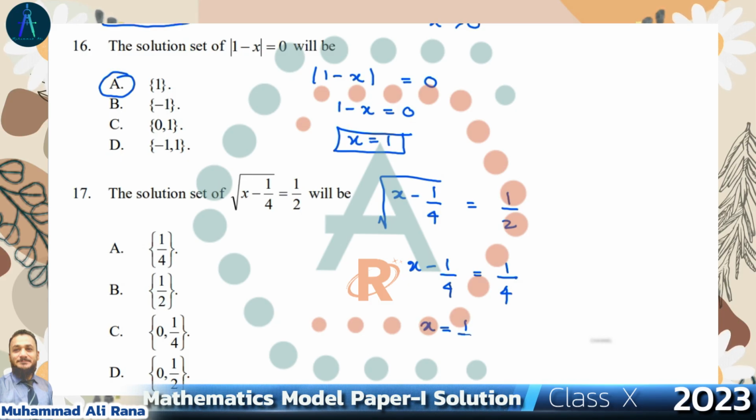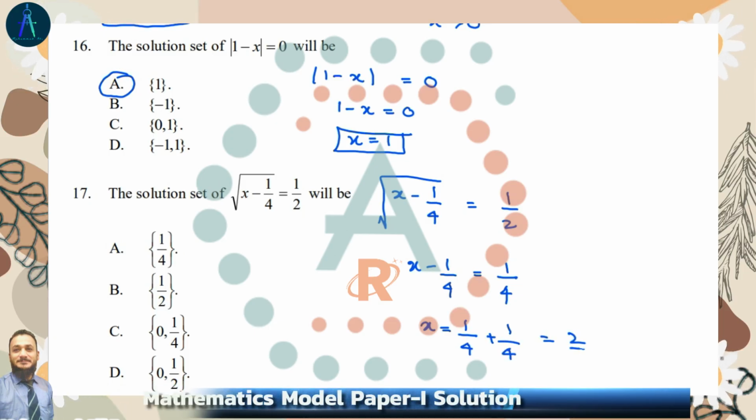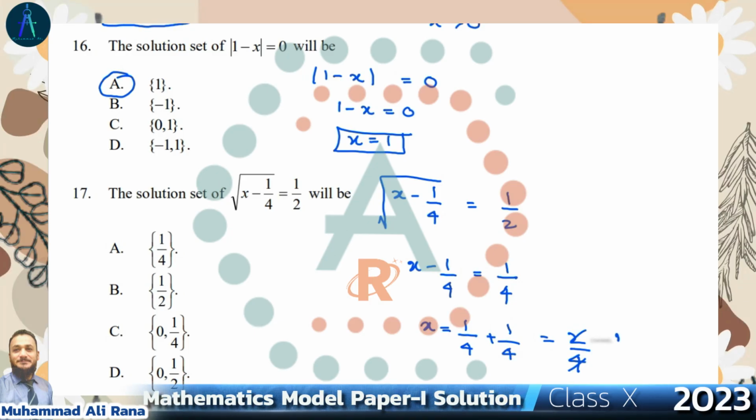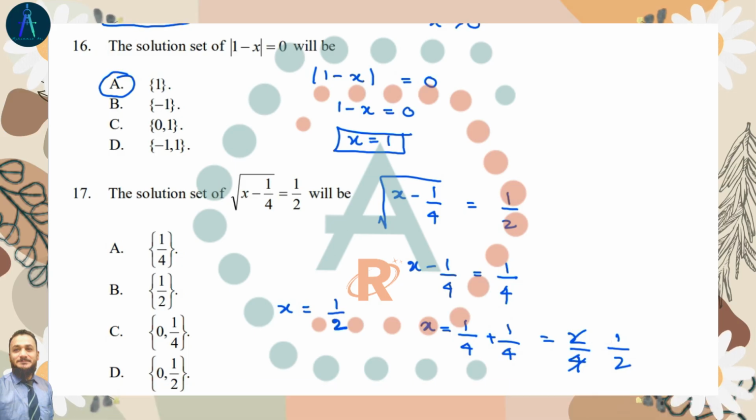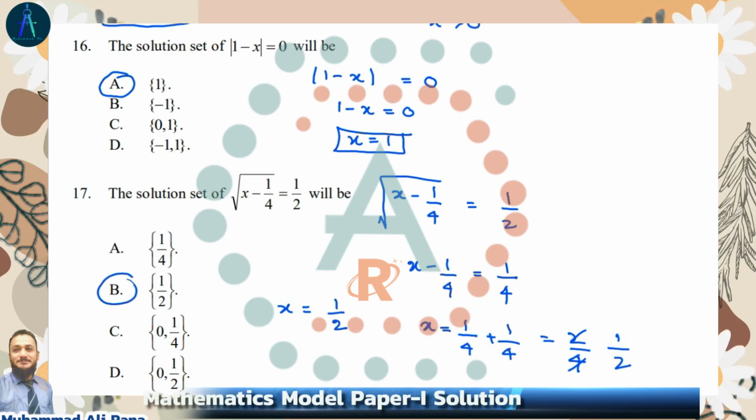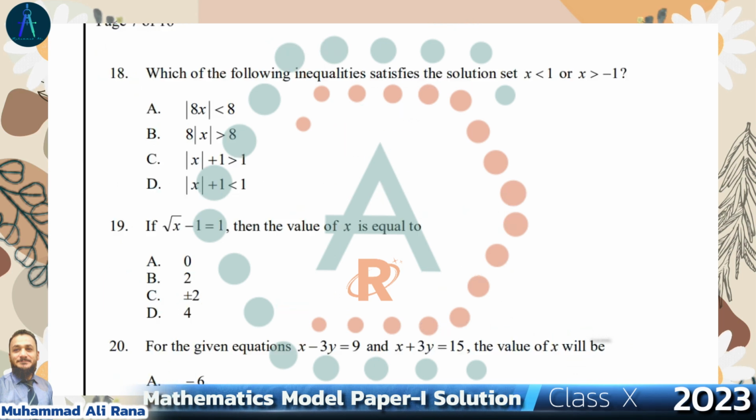So x will be equals to 1 over 4 plus 1 over 4 equals to 2 over 4 and 1 over 2. So the value of x is 1 over 2. So the right answer is option B.